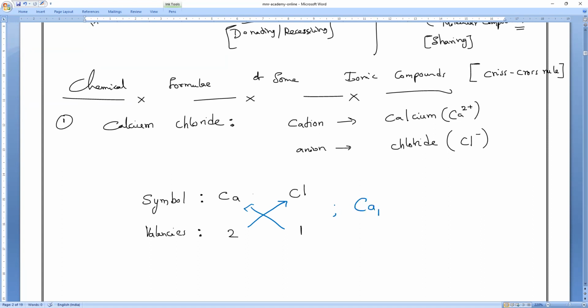Ca1, Cl2. The 1 is not required to show, which equals CaCl2. So what is the chemical formula of calcium chloride? CaCl2.